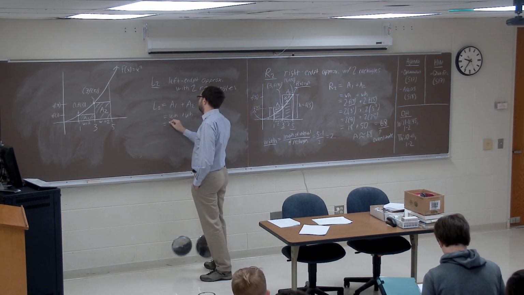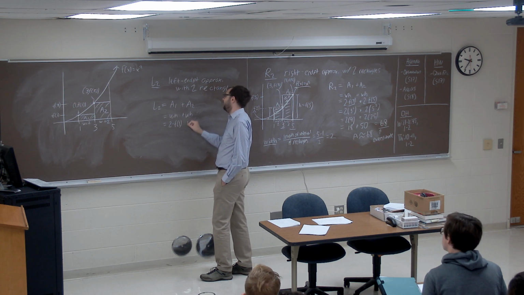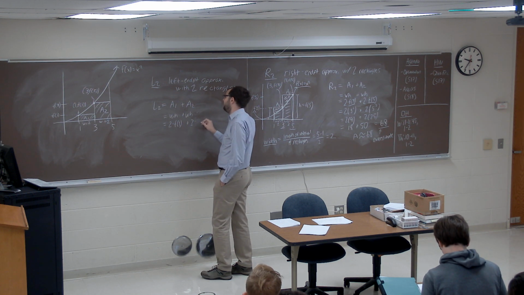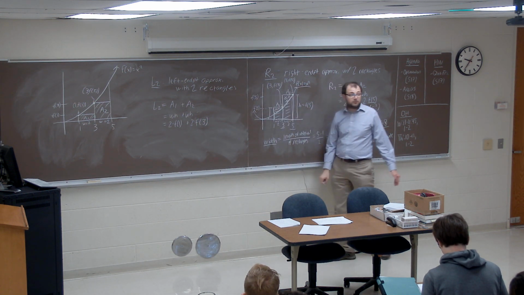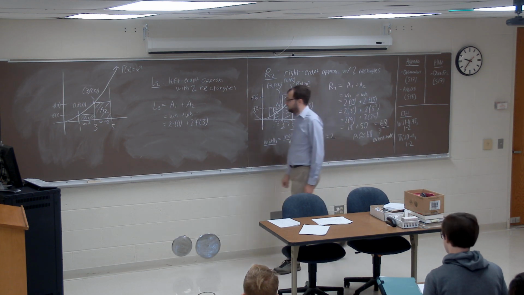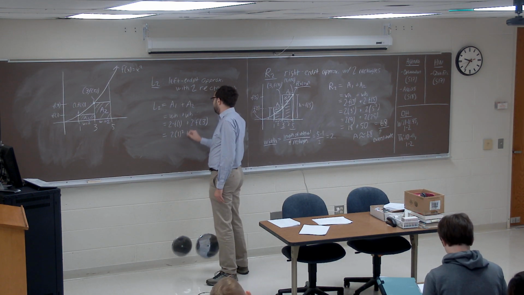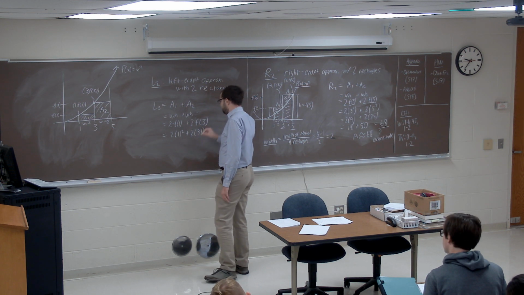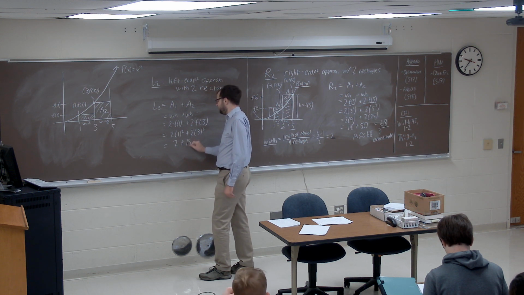The width in both cases is 2. The height of the first rectangle is f of 1. The height of the second rectangle is f of good old 3. Which is 2 times 1 squared plus 2 times 3 squared, which is 2 plus 18.